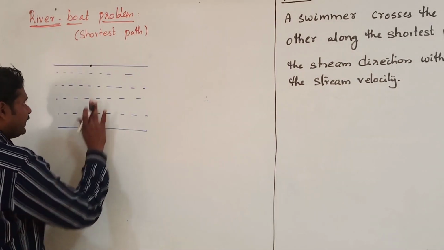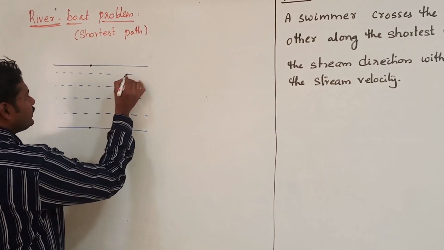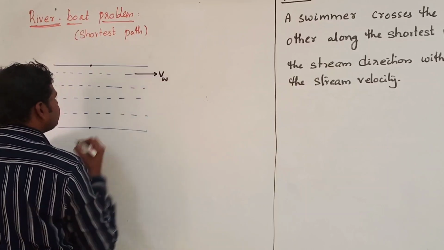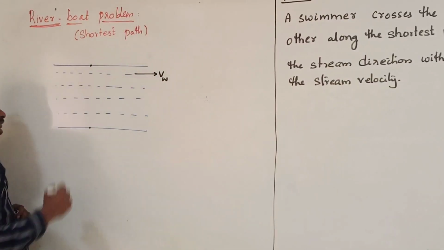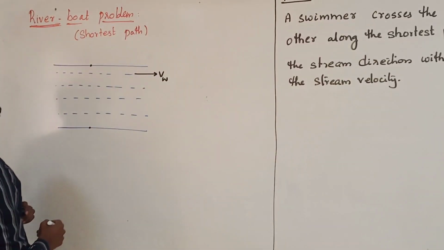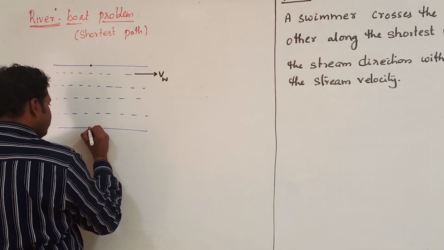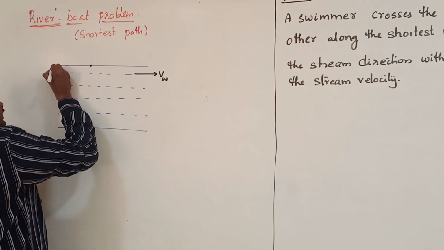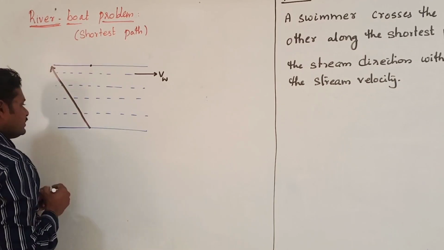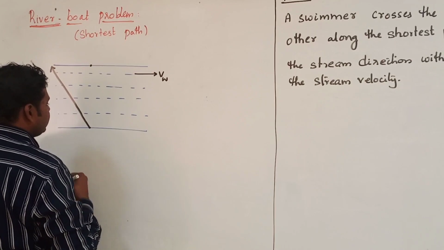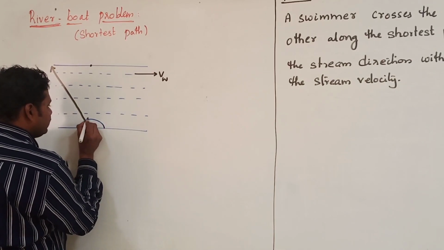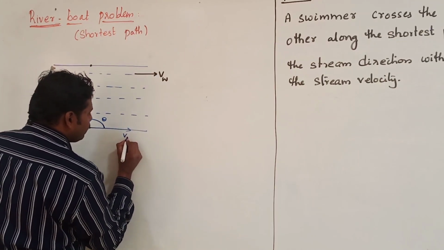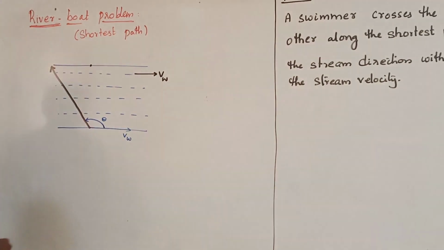If you go directly, with the water velocity in this direction, definitely it reaches some other point. So if you want to reach exactly this destination, you have to follow a different path. This is the boat velocity, you make it, and that has to make an angle theta with the water velocity direction.